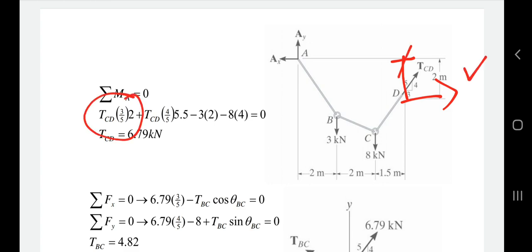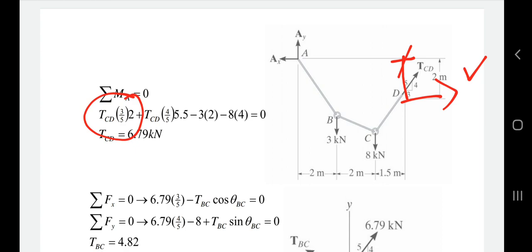Here you can see the TCD 3 over 5. 3 over 5 you can calculate cos theta as well. If you find out the tan inverse of P over B, you can find out the theta, and taking the cos theta you can put the value here, but you can directly put 3 over 5 as well, that is equal to the cos theta in this case.